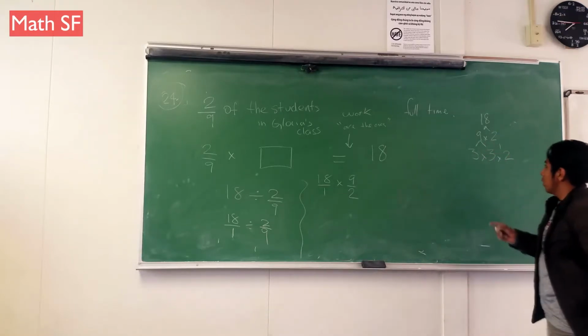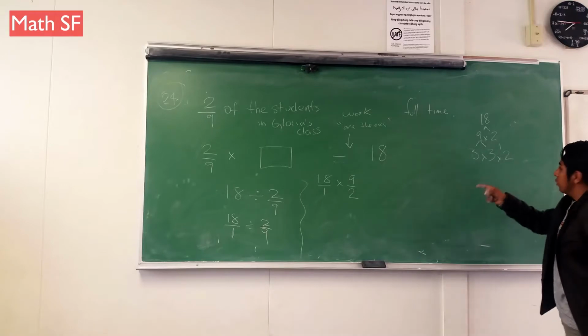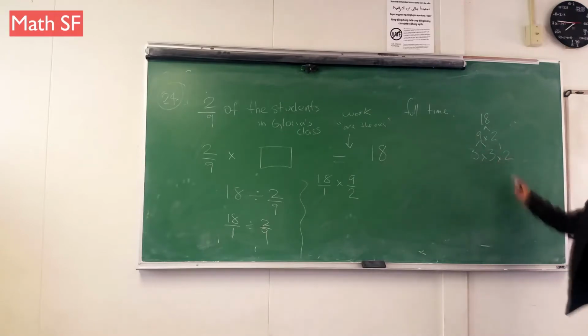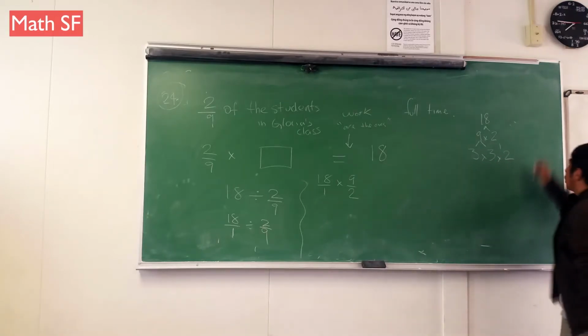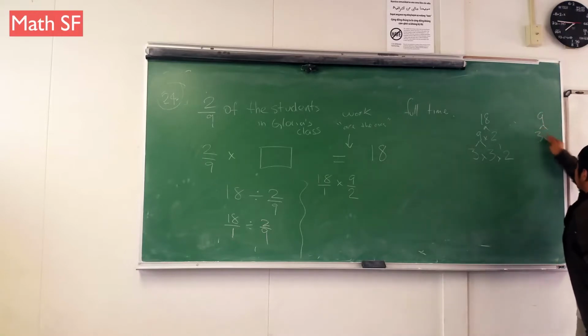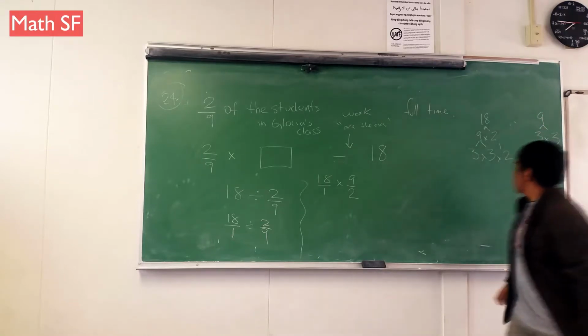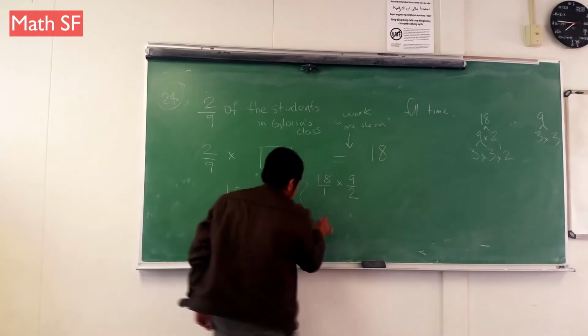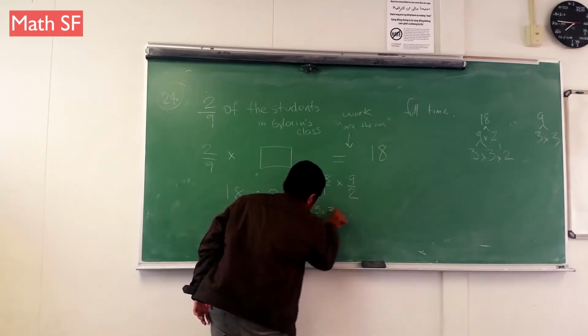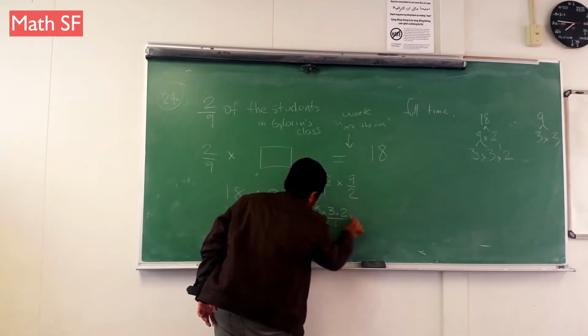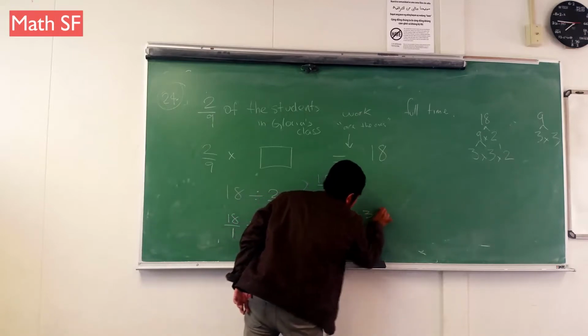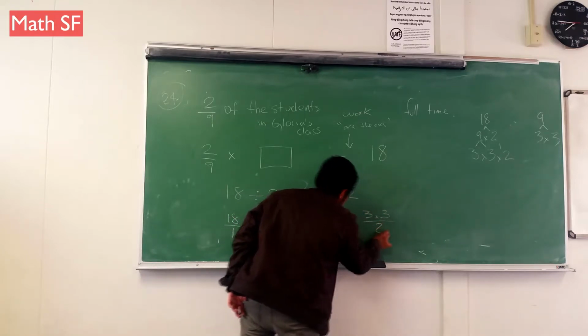So instead of writing 18, I'm going to write 3 times 3 times 2 over 1, and that 9 is going to be 3 times 3 over 2.